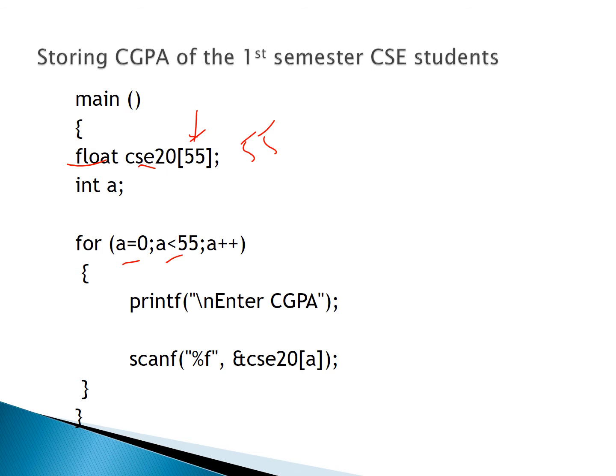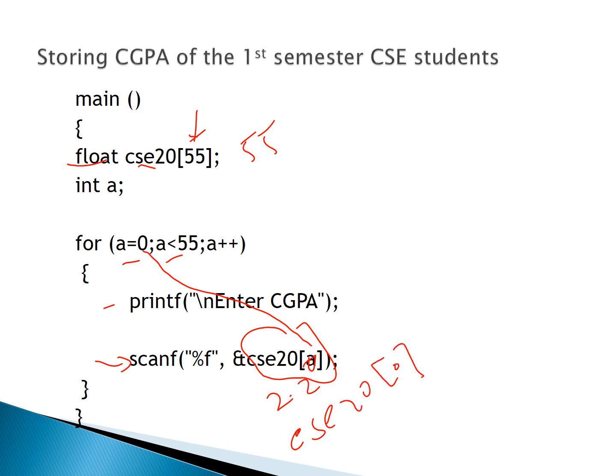So let's start with the loop. This message will be displayed, and we will store the percent. That scanf will get the value from the keyboard. So let's suppose we entered 2.2. So where will that 2.2 go? To CGPA[0], because the value of a is 0. That 0 will be here. So if we use CGPA index 0, that means we enter 2.2 at this element.